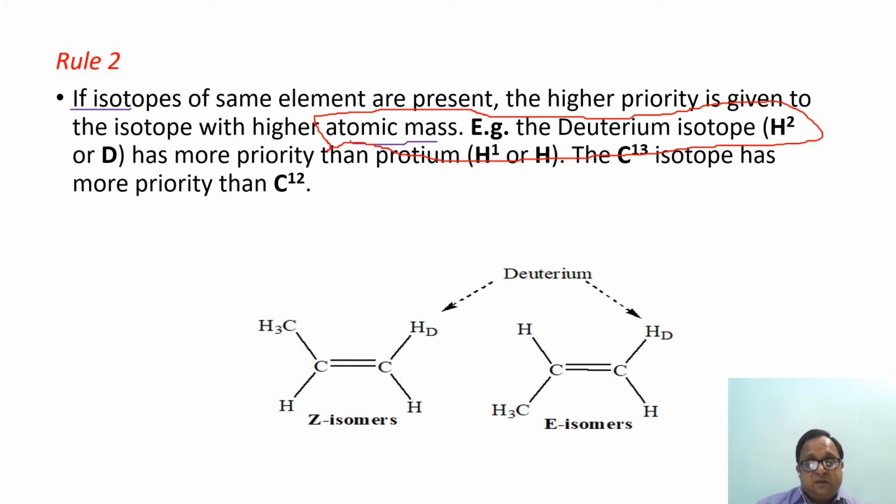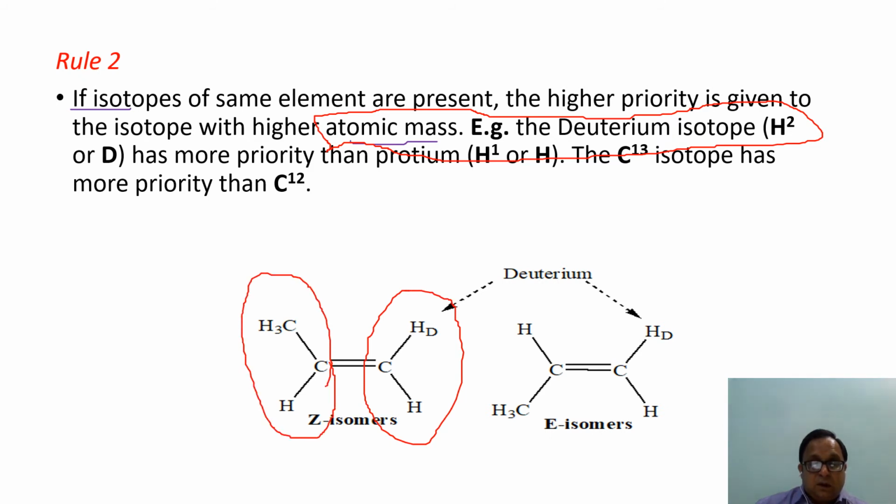In this case, see, one carbon, another carbon. This carbon is having methyl as a substituent and hydrogen as a substituent. So methyl gets the priority. Here, hydrogen is atomic mass 1, deuterium with atomic mass number 2. So it will get the priority.